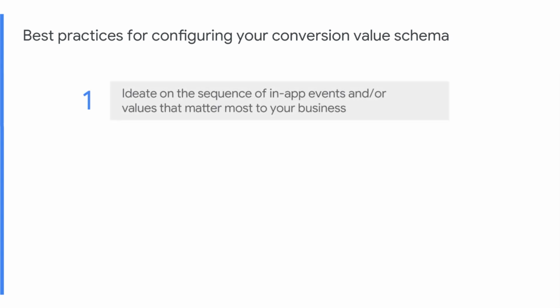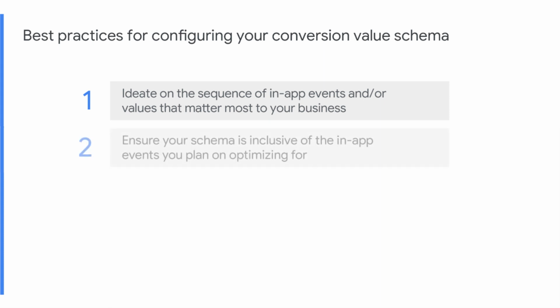First, start by ideating on the sequence of in-app events and or values that matter most to your business. If unsure where to begin, try starting with an in-app funnel approach, which encodes both shallow and deep in-app events that matter for your business. Second, ensure that your conversion value schema is inclusive of the in-app events that you plan on optimizing your app campaigns for.